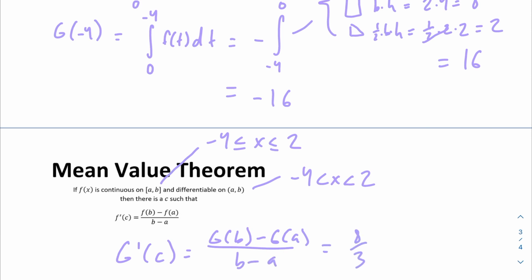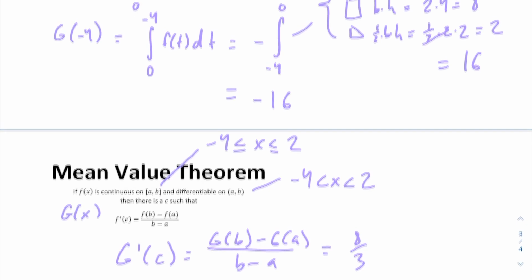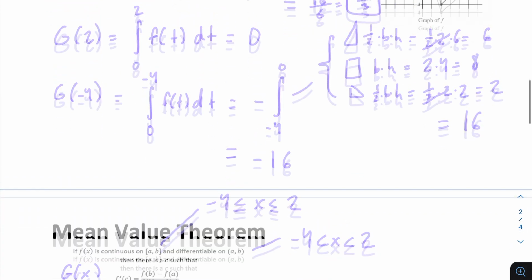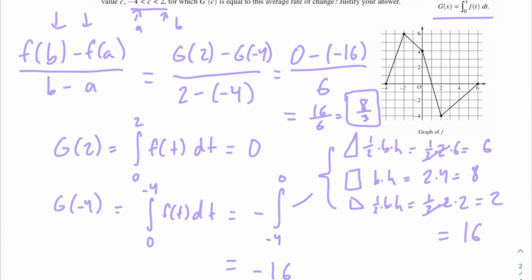We can say that our g of x is continuous because if we take the derivative of it, we're going to get f of x, and so g prime of x is f of x. So since f of x is continuous and defined for all x, then we can say that g is also differentiable for all x and also continuous.